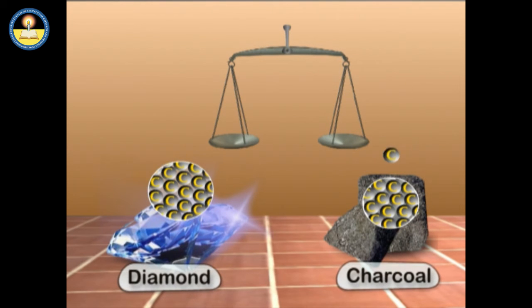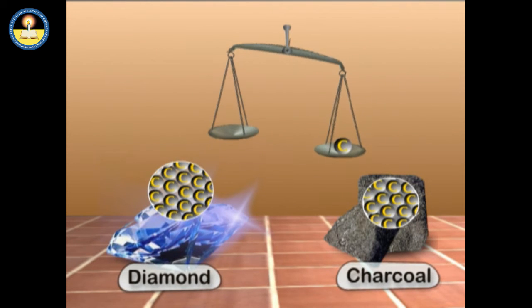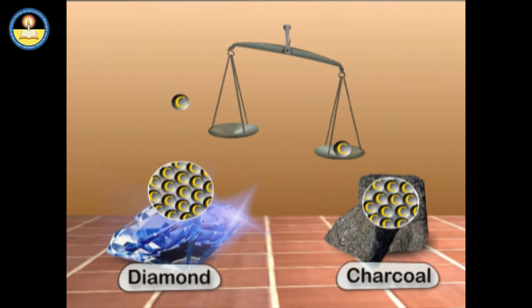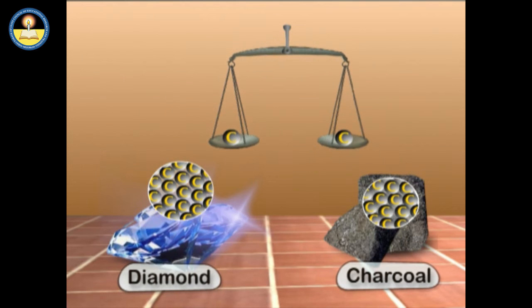If we compare the masses of carbon atoms present in charcoal and diamond with the help of a beam balance, we find that in both cases, carbon atoms have the same atomic masses. We see that the beam is balanced.